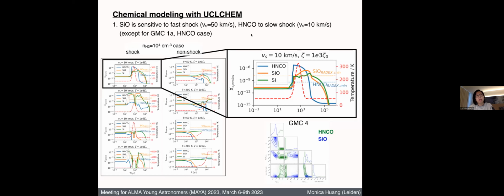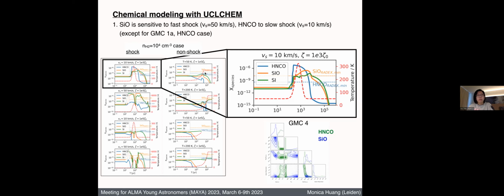What we concluded from the modeling we performed here is that SiO, consistent with previous studies, is really sensitive to fast shocks only, say shock velocity around 50 kilometers per second, and HNCO is uniquely tracing slow shocks.